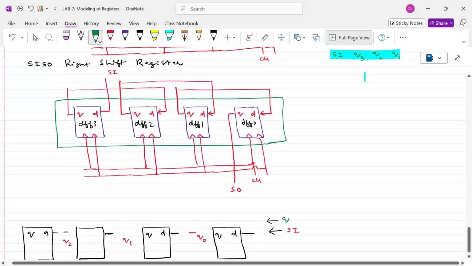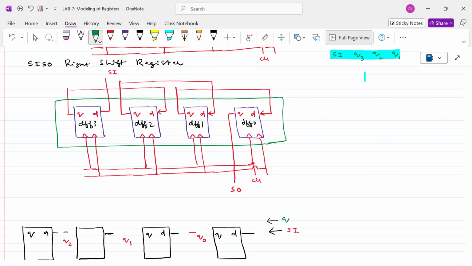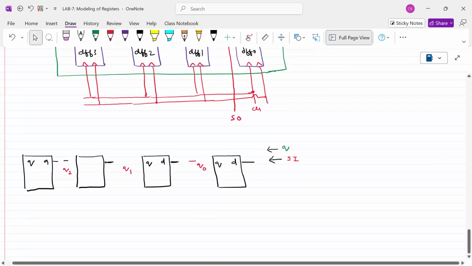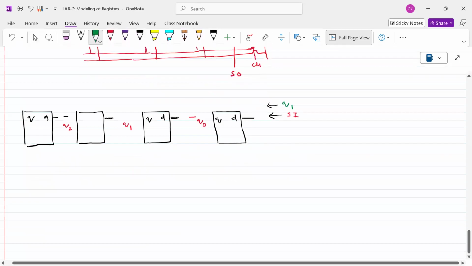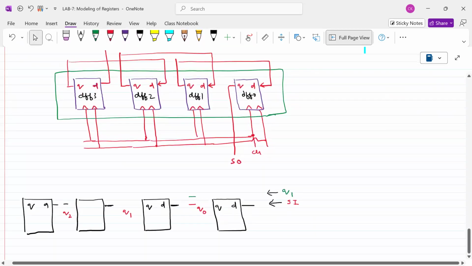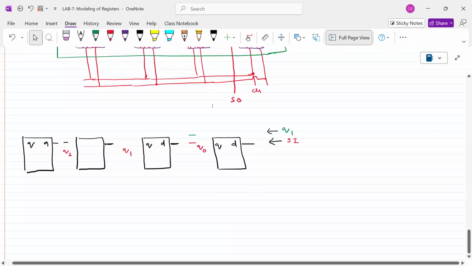This is where the input is coming from. Input coming from Q1. What about this one? For this flip flop, where is the input coming from? Q2. Where is the input coming from here?